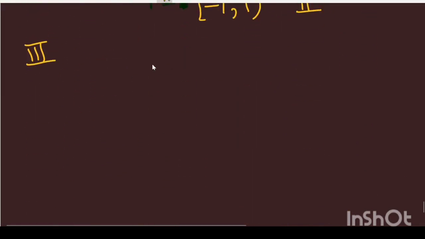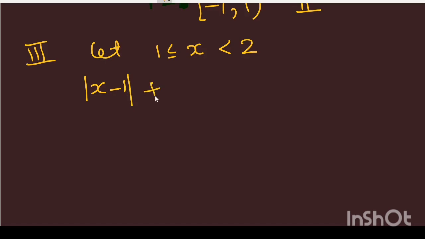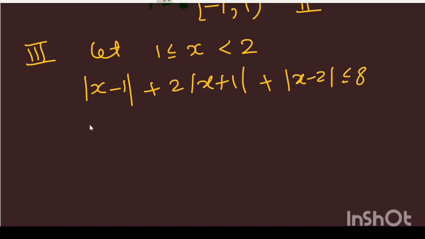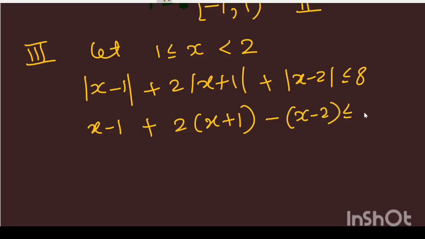Let x be between 1 to 2. So in that case, 2 times (x plus 1), this will give a plus sign, this will also give a plus sign. |x minus 2| will give a negative sign, guys. Minus of (x minus 2) less than equal to 8.